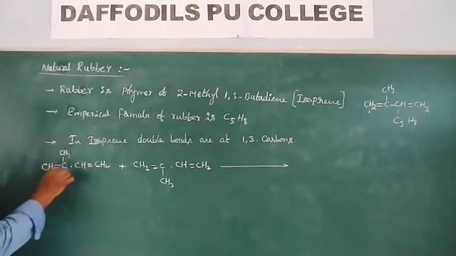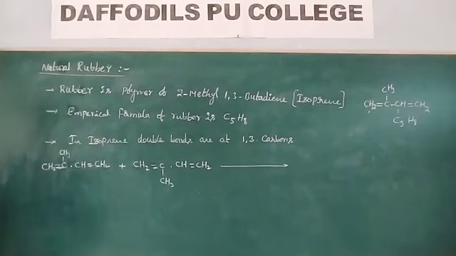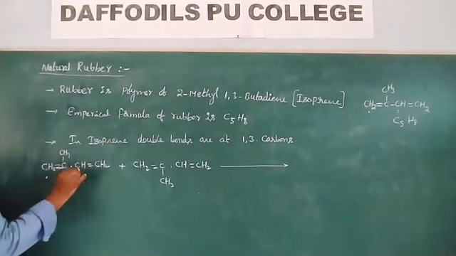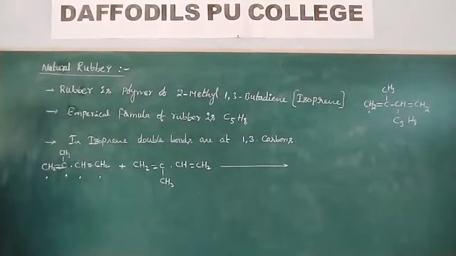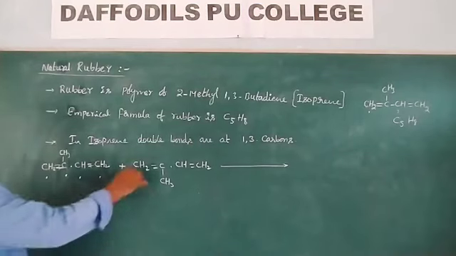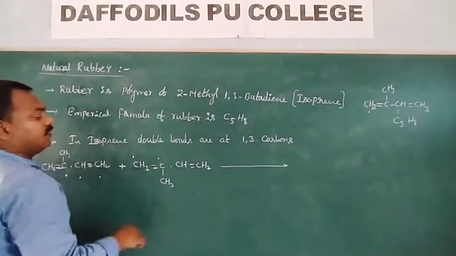First, this pi bond is going to be broken down. When the pi bond is broken down, you will get unpaired electrons like this. This pi bond is also going to be broken down. Again, you get the unpaired electron. Here the pi bond is broken down, you get an unpaired electron.